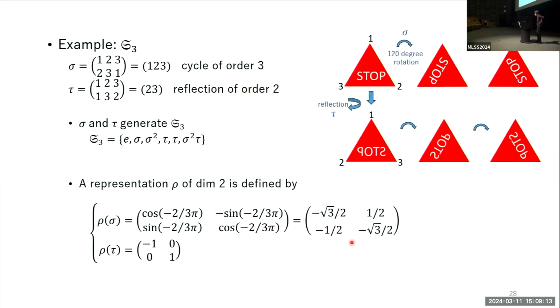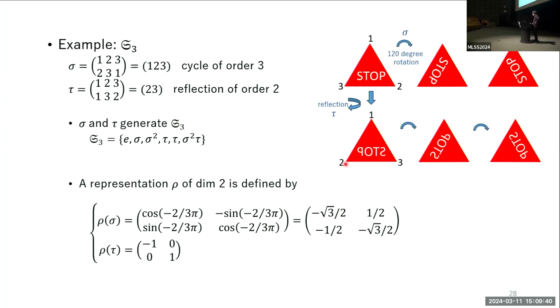Okay, let's consider some example of group representation. Again, I use the symmetric group acting on 3 items. In this case, as generators, we have sigma, the rotation of 1/3 of the 360 degrees, and tau, the flip of 2 and 3.